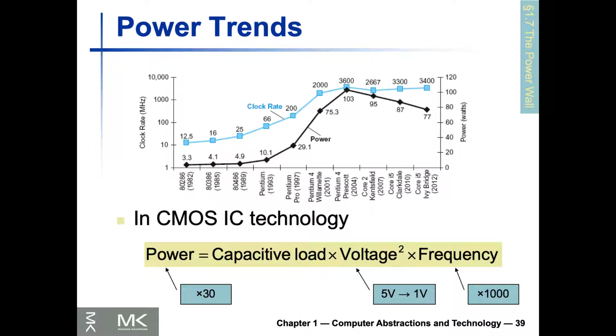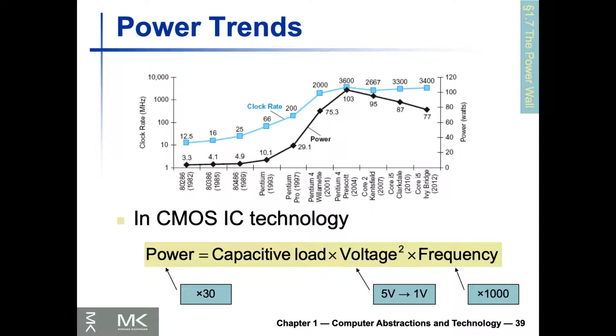So the major source of power for CMOS is called dynamic energy. That is the energy consumed when transistors switch their state from 0 to 1 and vice versa, and it depends on the capacitive load of the transistor, the frequency, and the voltage applied.